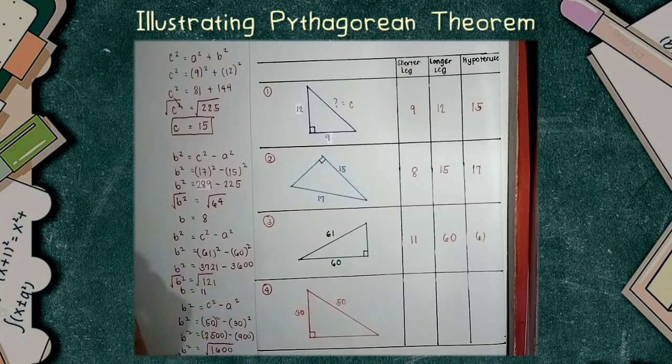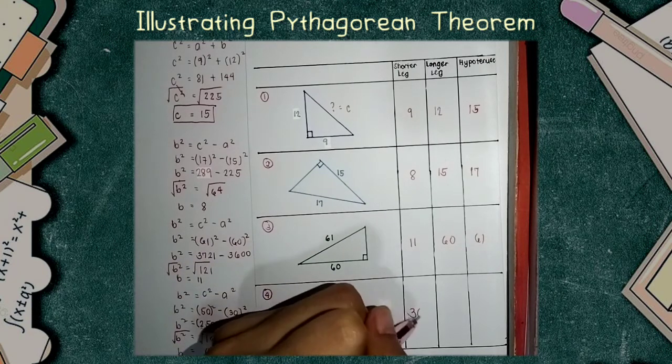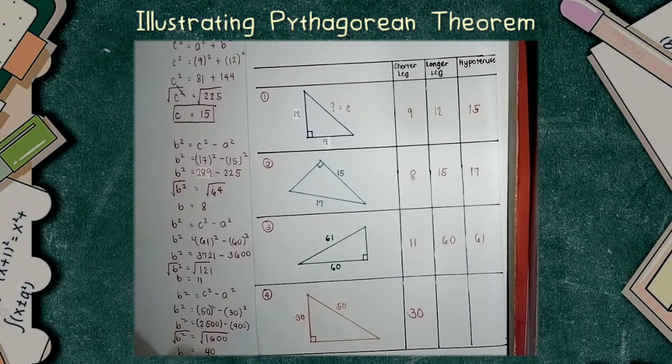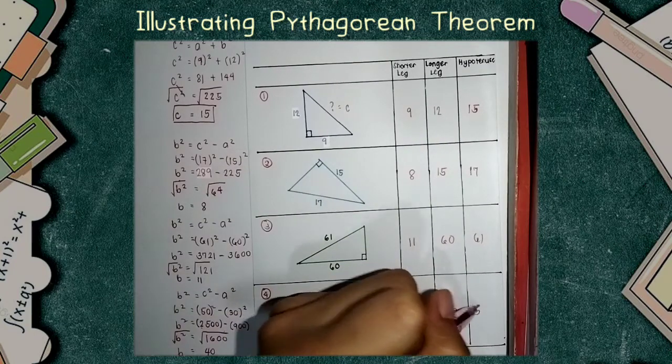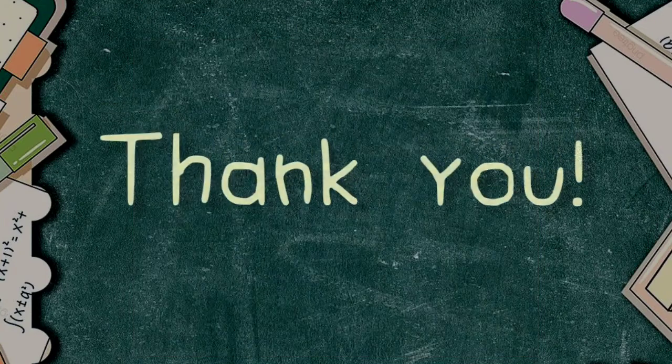And get the square root. B is equal to the square root of 1,600 is 40. So here, ang ating shorter leg ay 30, ang longer leg natin ay 40, at ang hypotenuse natin ay 50.